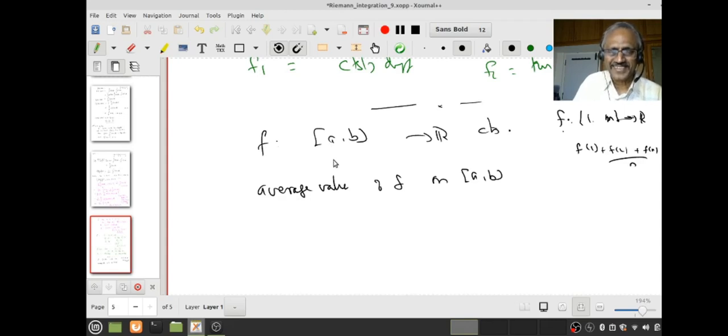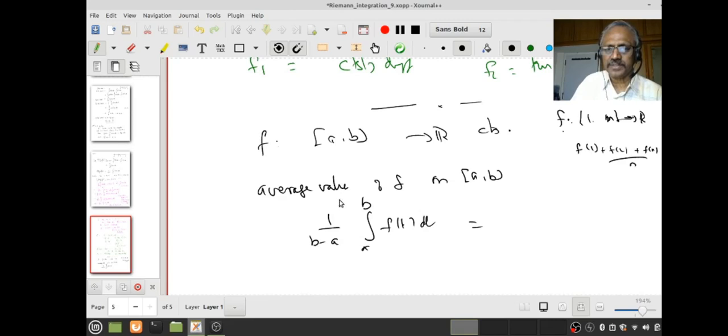So how do I define it? You will immediately say it should be the integral of f of t dt. This is like summing f1 plus f2 plus up to fn, but I have to divide it by the number of elements n. Here a b has an infinite number of elements, so what should I divide by? I should divide it by the length of the interval.